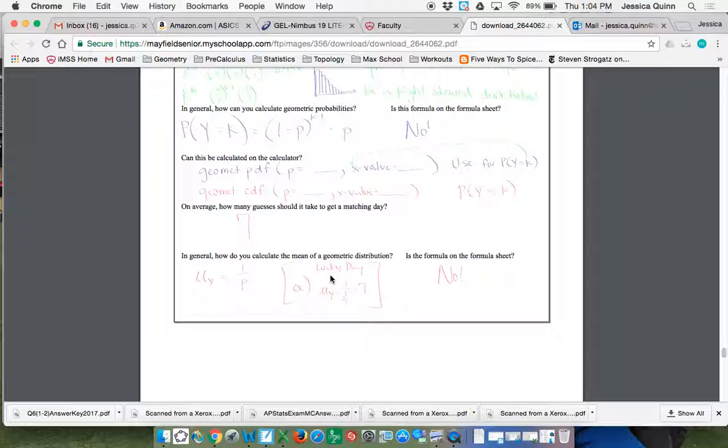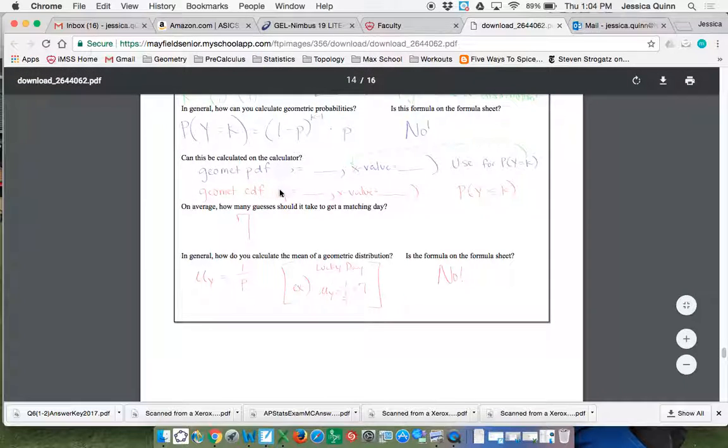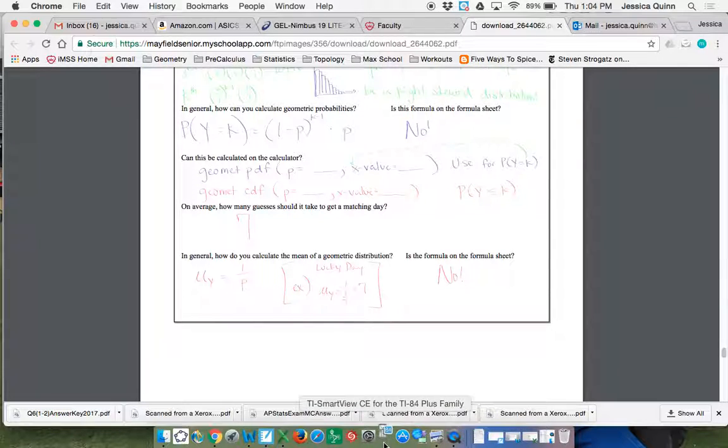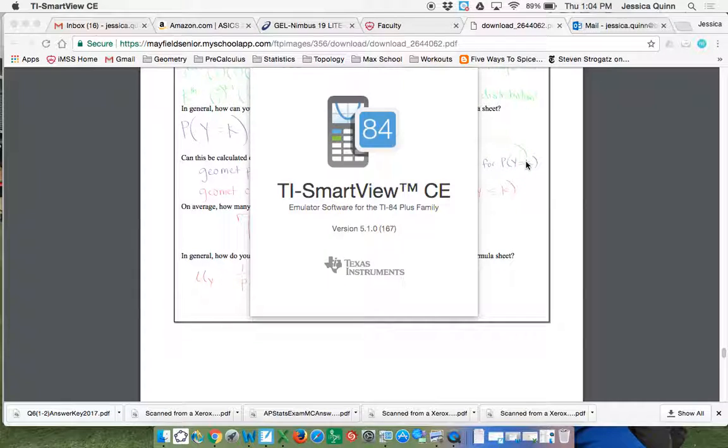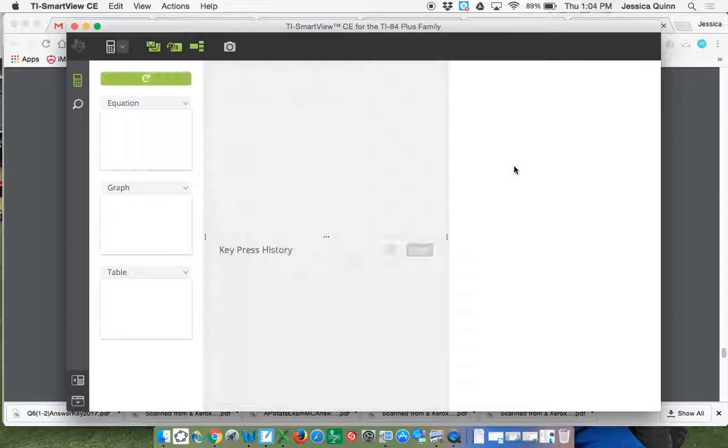Okay, on the calculator, the commands are very similar to the binomial distributions. Let me see if my calculator's open. Of course it's not. So I'll get that up in a second. But it's PDF when it is y equals some number of trials before success. And then it's CDF when it's less than or equal to.